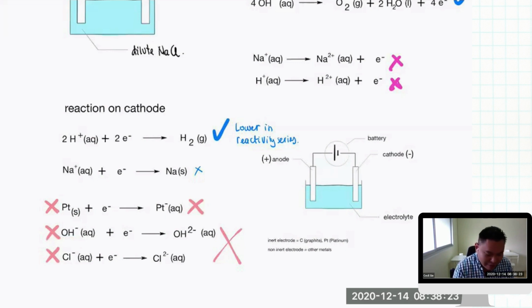The ones that are more likely to get reduced are the cations. And which cation must we choose? If we have 2 of them or 3 of them, we choose the one that is lower in reactivity series because they produce a more stable product.